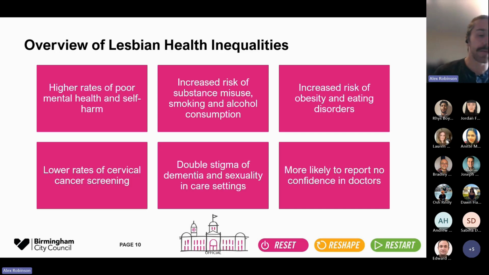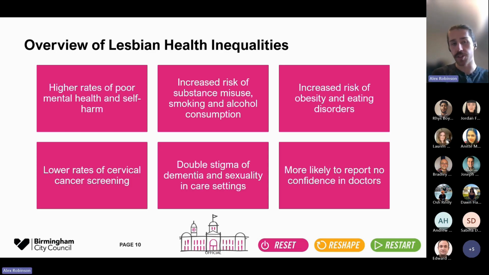So in terms of mental health, that's one of the major health inequalities identified within the lesbian community. There are 38% higher rates of poor mental health, including anxiety and depression, in lesbians compared to heterosexual women. The rate of self-harm among lesbian women is double that of heterosexual women.